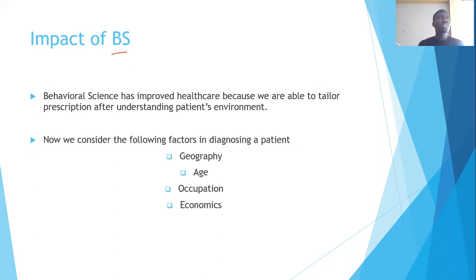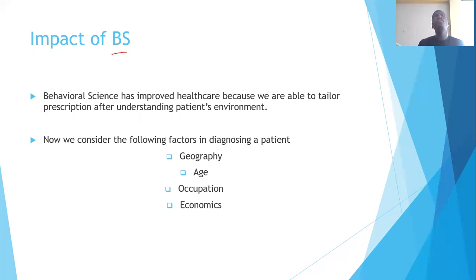You understand the age of the person. Maybe the person is 80 years, and senescence has a role to play even in sleep. Maybe the person is a security man who works all night, and so is not able to sleep at the time he feels he can't work again, because there has been a change of the circadian rhythm.